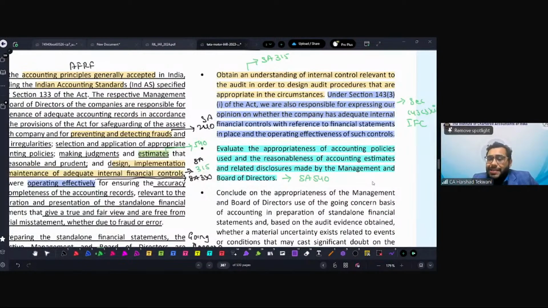And accounting policies? There was one essay where we had discussed something on the accounting policies.